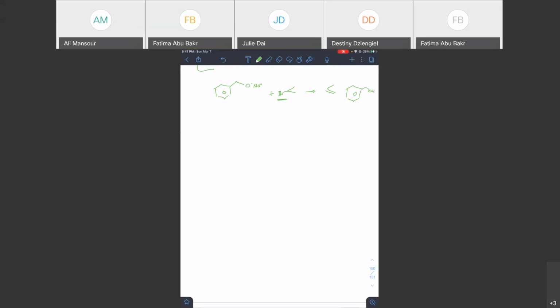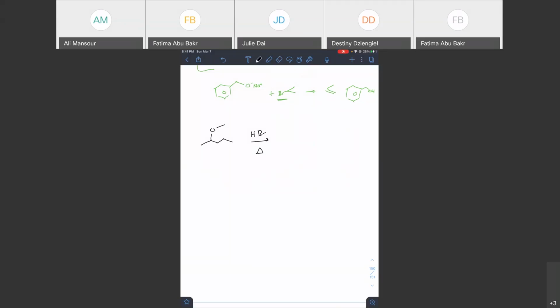So now we're moving on to 16.8. Here we have this, and it is reacting with HBr, and this is all new stuff. So this is just something you kind of have to know. You can memorize the reaction, or sorry, the mechanism.